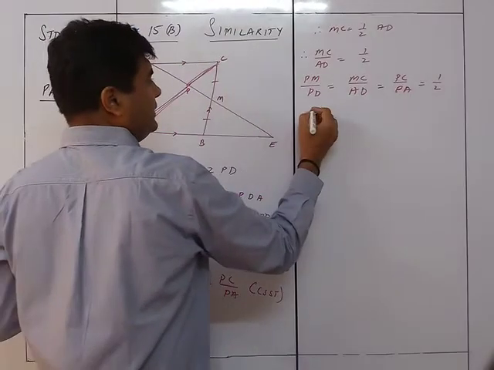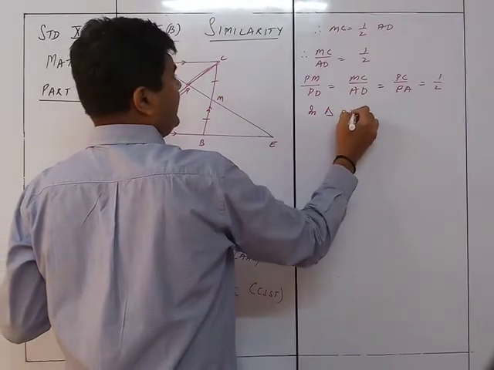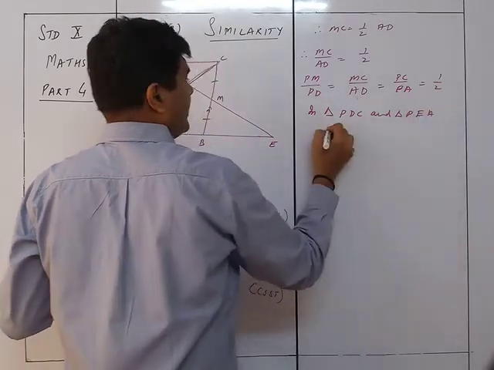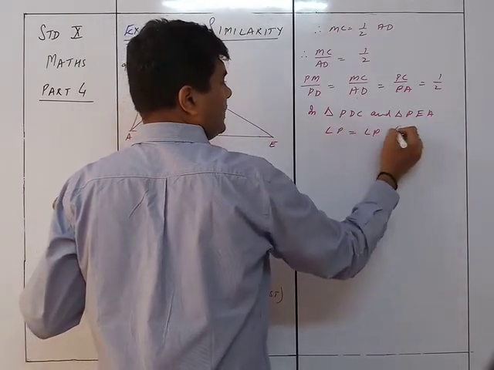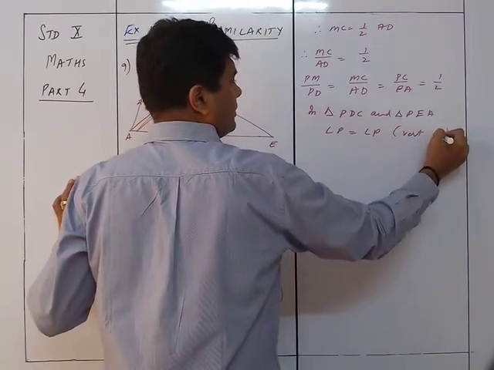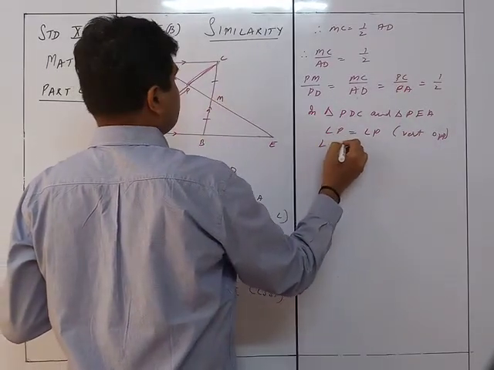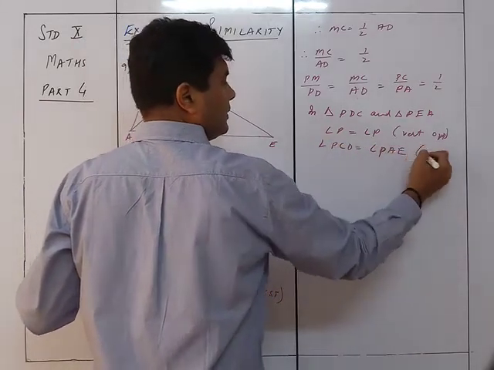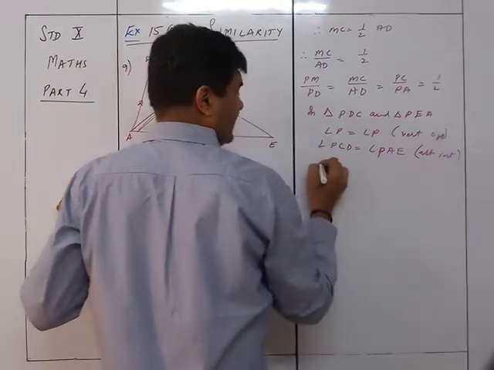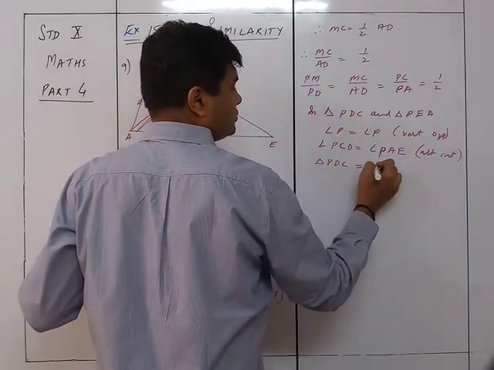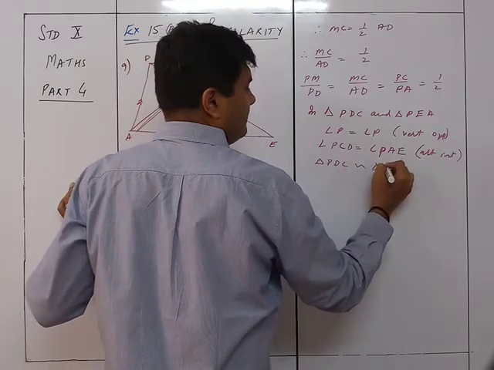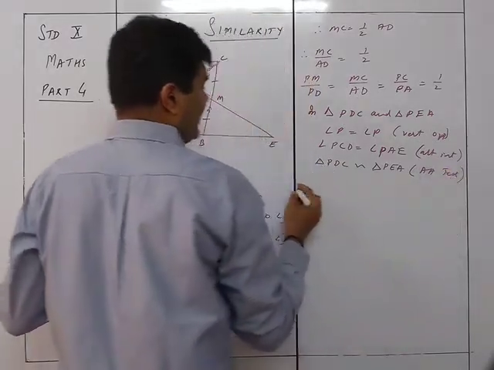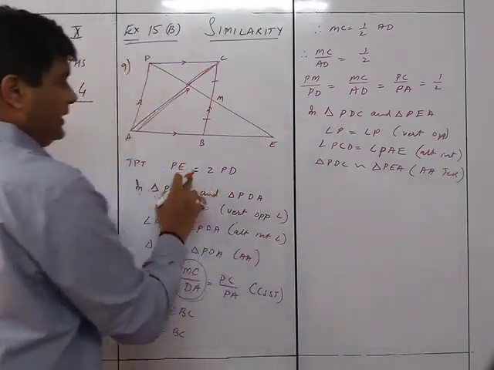Now we take this one. In triangle PDC and triangle PEA we have angle P is equal to angle P, vertically opposite, and angle PCD is equal to angle PAE, alternate interior. Therefore triangle PDC is similar to triangle PEA by AA test. Accordingly, now we want PE and PD.